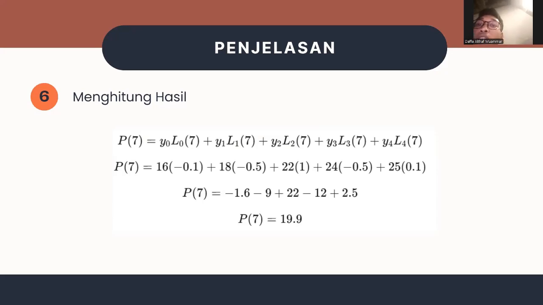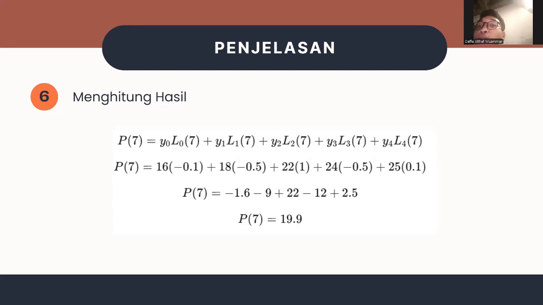So P7 equals 16 times minus 0.1 plus 18 times minus 0.5 plus 22 times 1 plus 24 times minus 0.5 plus 25 times 0.1. P7 equals minus 1.6 minus 9 plus 22 minus 12 plus 2.5.